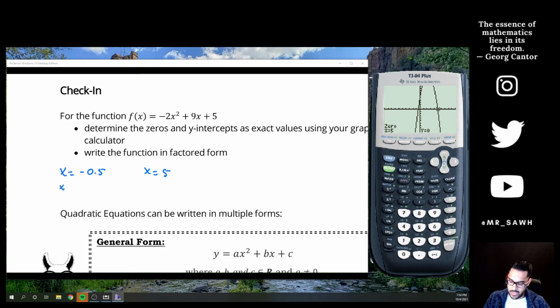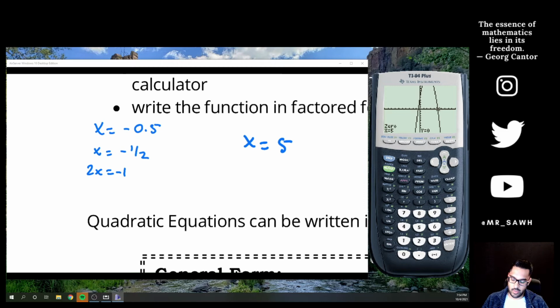Now here, if x is actually equal to negative 1/2, which is what 0.5 really is, well, now I can get rid of this fraction by getting it back to 0, doing everything in reverse. So multiply both sides by 2. So I know that 2x is equal to negative 1. And if you add the 1 to both sides to make one of the sides equal to 0, well, that means that 2x plus 1 is actually equal to 0.